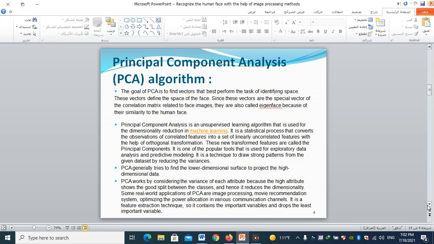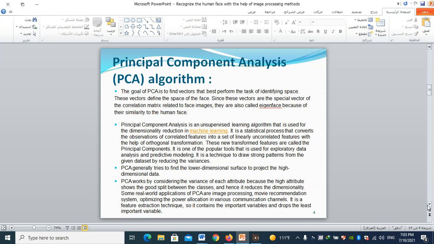Principal component analysis is an unsupervised learning algorithm that is used for dimensionality reduction in machine learning. It is a statistical process that converts the observations of correlated features into a set of linearly uncorrelated features with the help of orthogonal transformation.